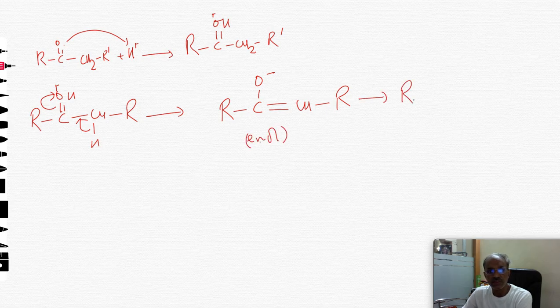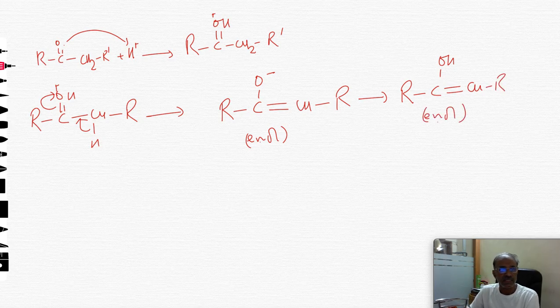So it will be OH double bond CHR. So this is the enol. Now, this was step 1, step 2. Now step 3.